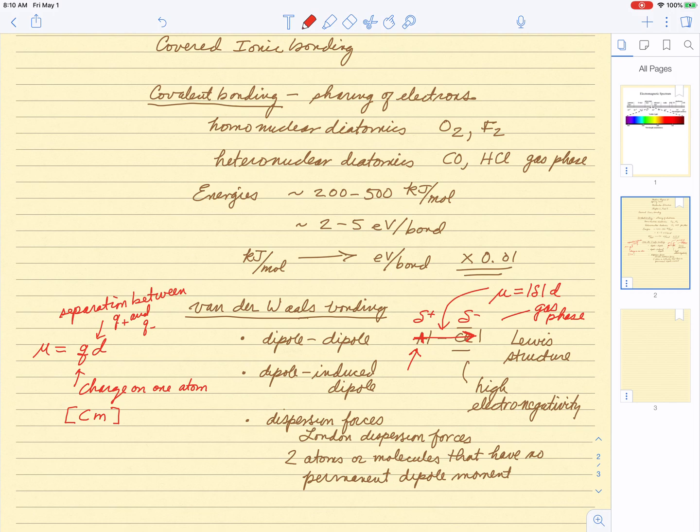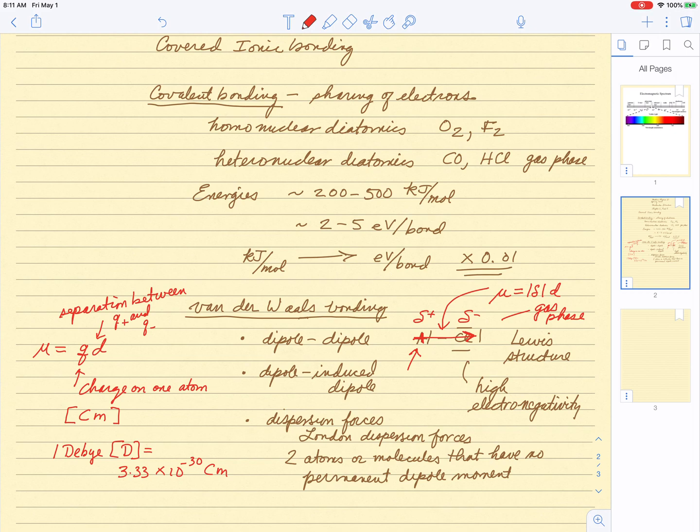But the unit that still is used quite frequently is the debye, named after Peter Debye, who was a Dutch physical chemist. And so 1 debye, capital D, is equal to 3.33 times 10 to the negative 30 Coulomb meters.